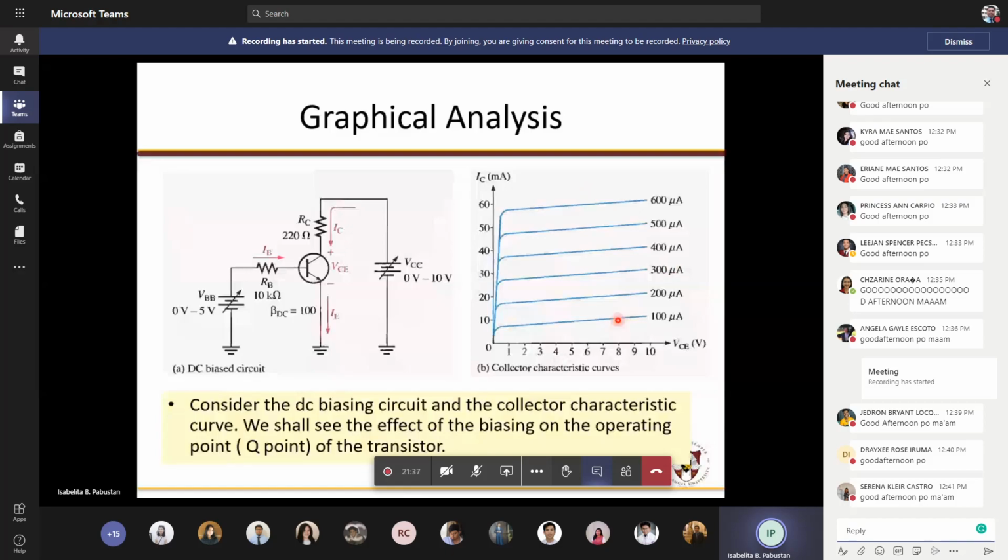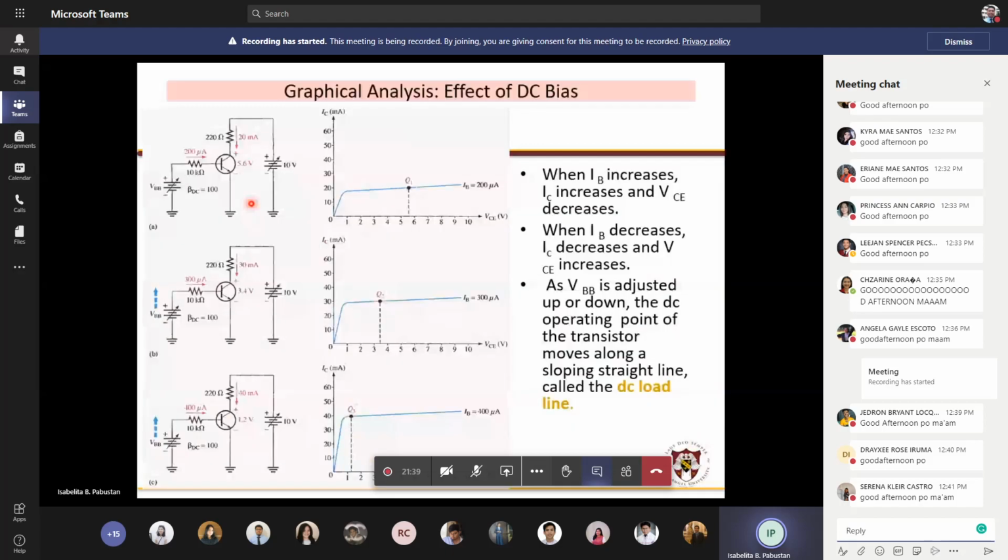Okay? So, here, kung makikita mo, you have different IBs. You have here an IB which is 200, and then 300, and then 400 microampere.